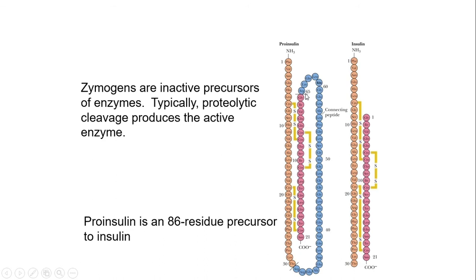And what that does is leave, so this blue segment is released, and we're left with this A chain, which is residue 1 through 30, and I'm sorry, this is the B chain. B chain is 1 through 30, and the A chain is 66 through 87, I believe it would be.